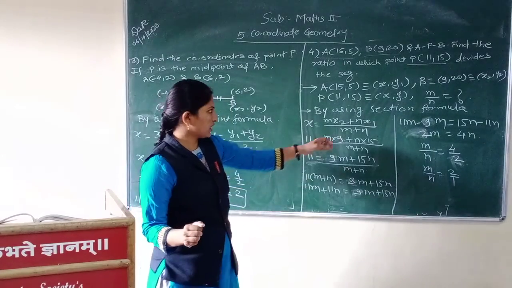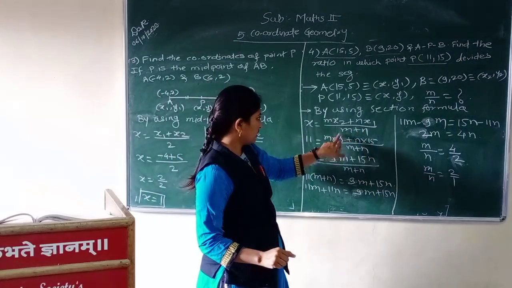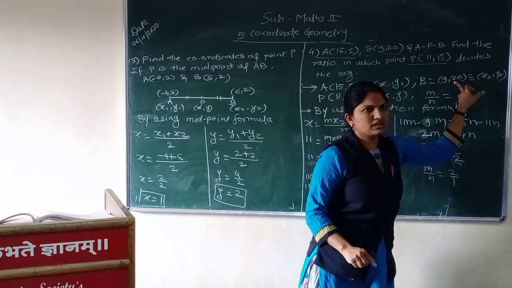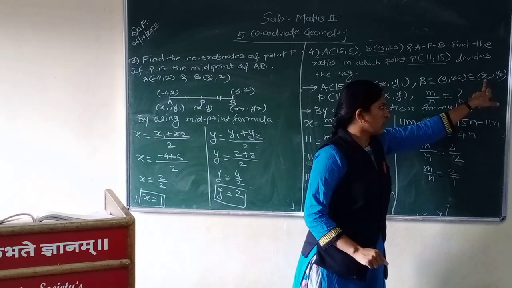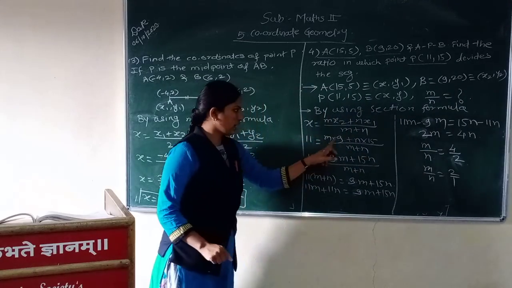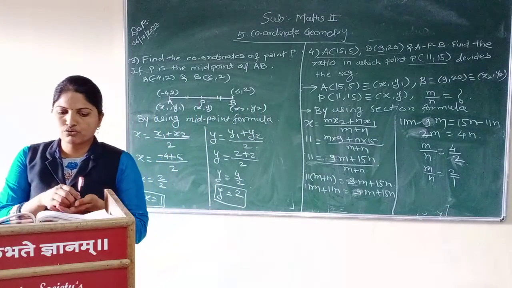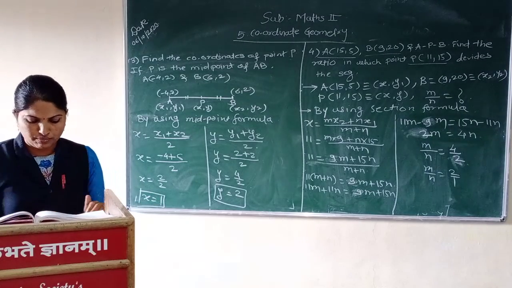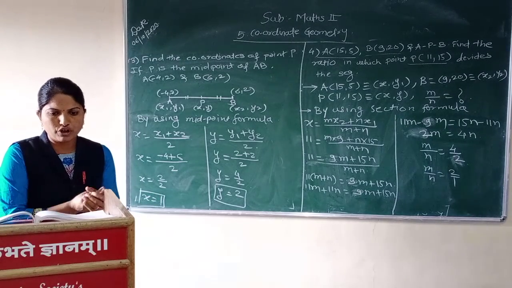One mistake was there. The value of x2 is 9 and y2 is 20, therefore m into 9. Understood? In your textbook also one example is there on page number 144.